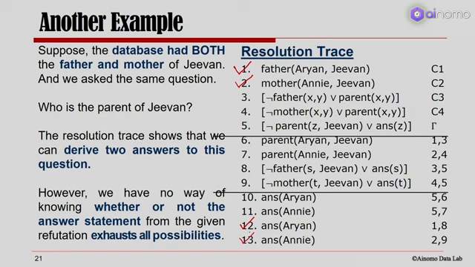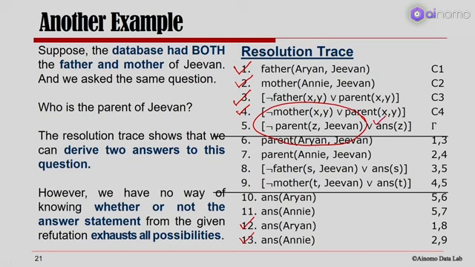Of course, I have to have rules here saying every mother is a parent, every father is a parent, and I am looking for the answer to a question which is who is the parent of Jivan. Therefore, I have added an answer literal.